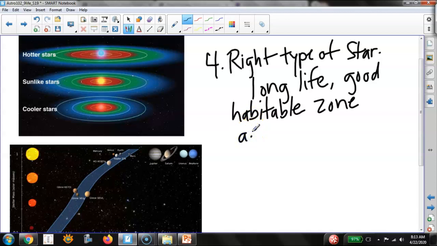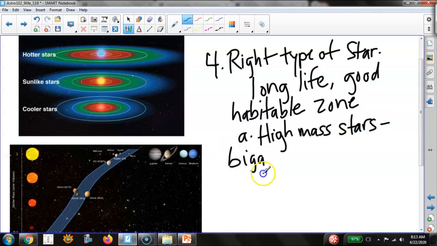So when we have those high mass stars, those O and B type blue stars, they are great because you get a big habitable zone because you have lots of heat, lots of place for that planet to be where you can have liquid water.